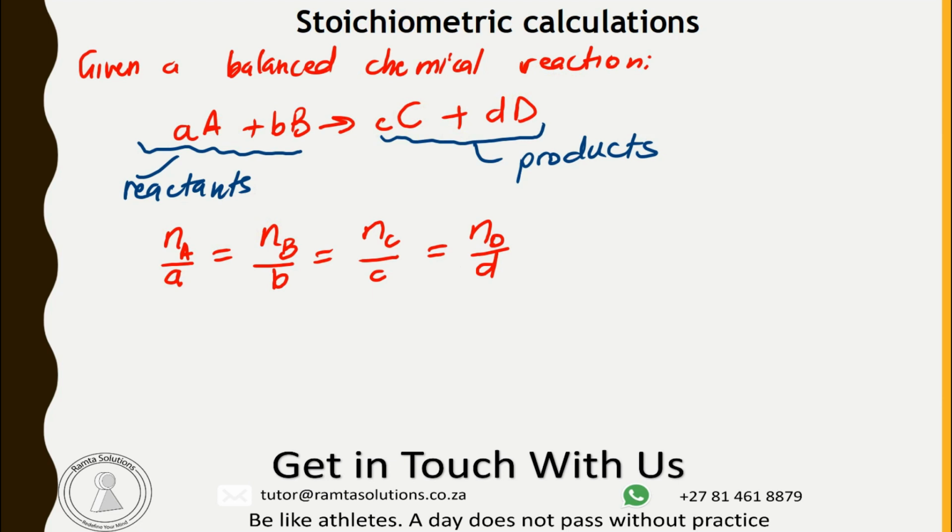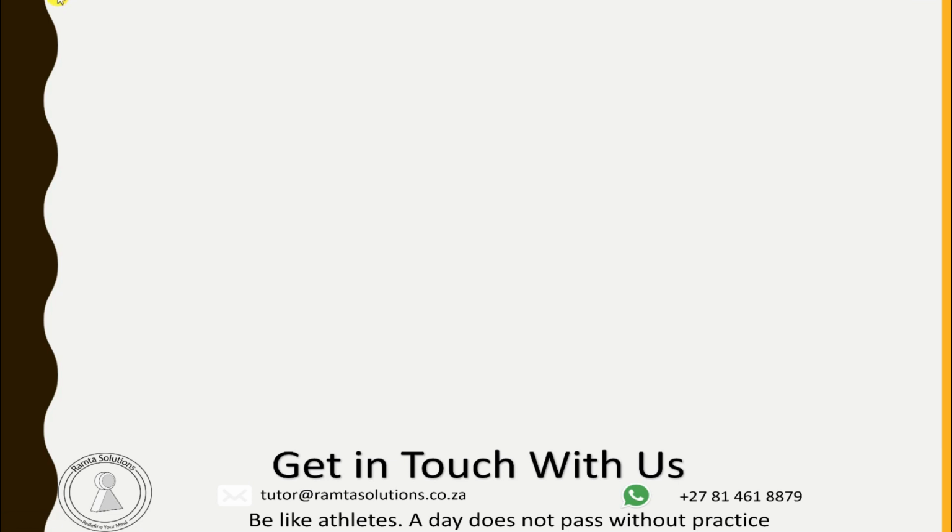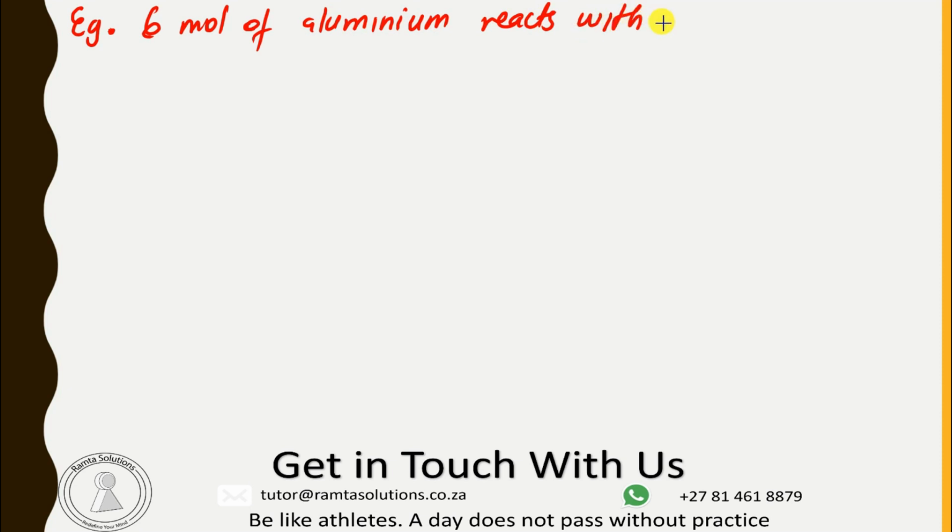So now our example, we will say 6 moles of aluminium, let me just write aluminium in full, 6 moles of aluminium react with hydrochloric acid.